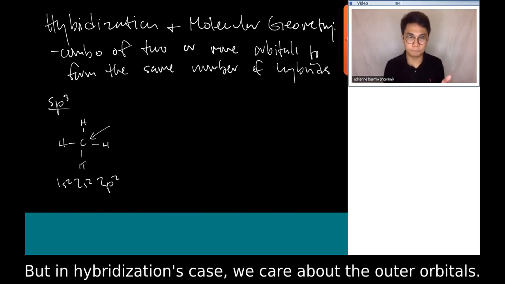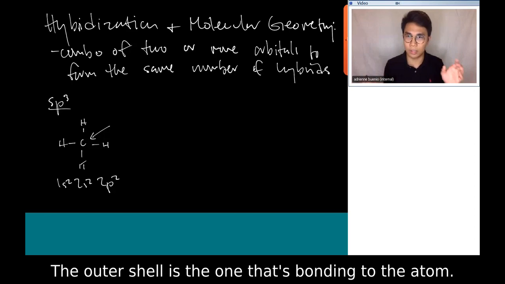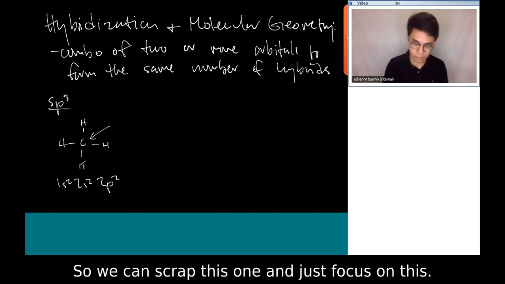But in hybridization's case, we care about the outer orbitals, because those are the ones that are bonding. The outer shell is the one that's bonding to other atoms. So we can scrap this one and just focus on this.